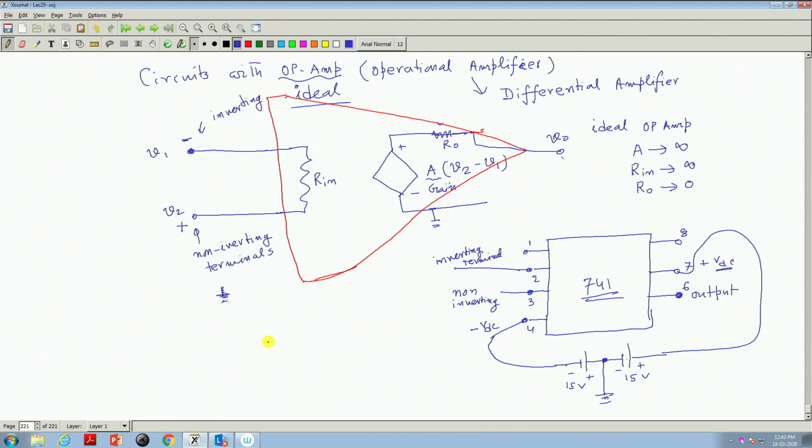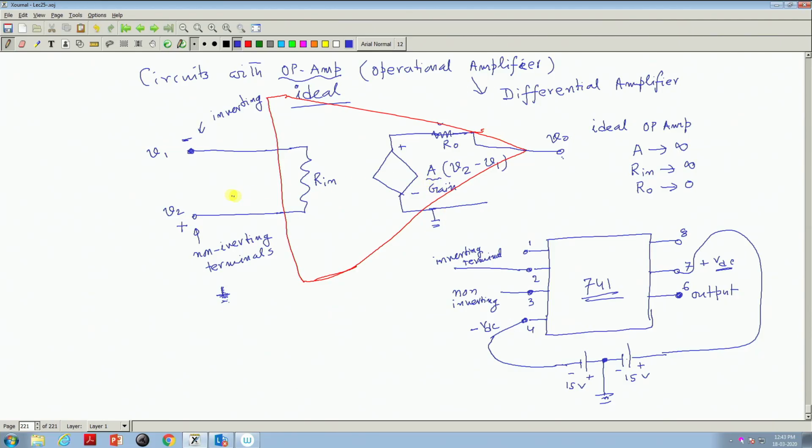But we would like to know, since these op amp circuits are so popular, whether after learning circuit theory I can quickly find out or analyze the circuits efficiently. That is what the goal will be. So, with this in mind, I will now discuss this operational amplifier a little more.